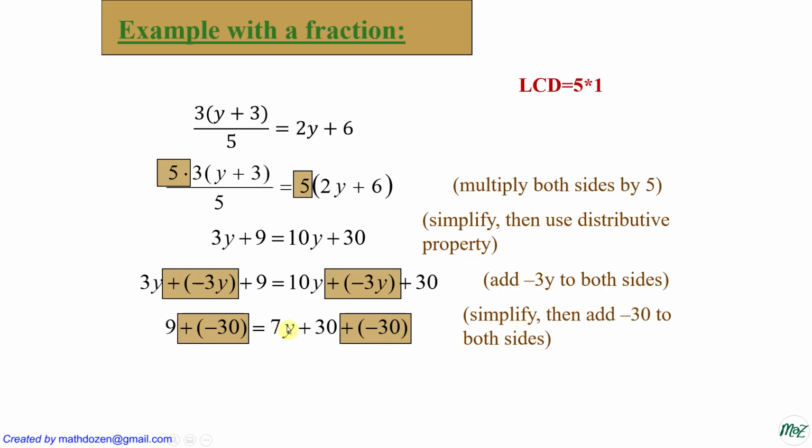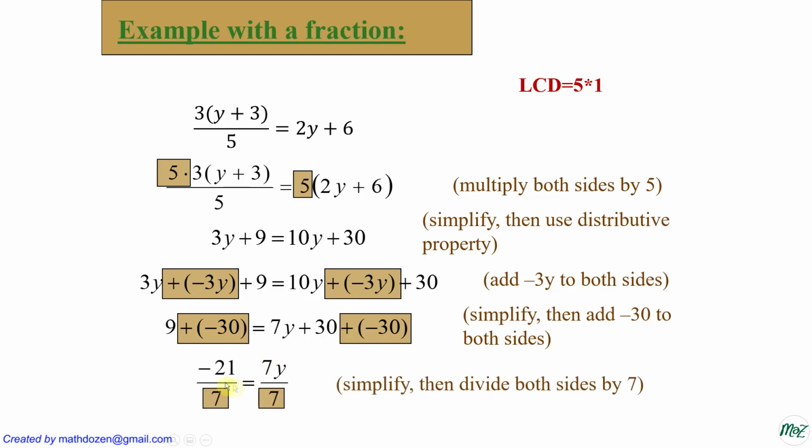And then to do the next step and move all the numbers to one side, we're going to add negative 30. So that brings us to the expression 9 plus negative 30 equals 7y, and 30 minus 30 gives us 0. So that is negative 21 on the left, 7y on the right.